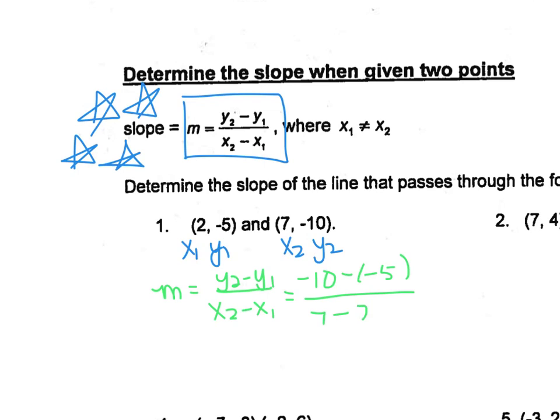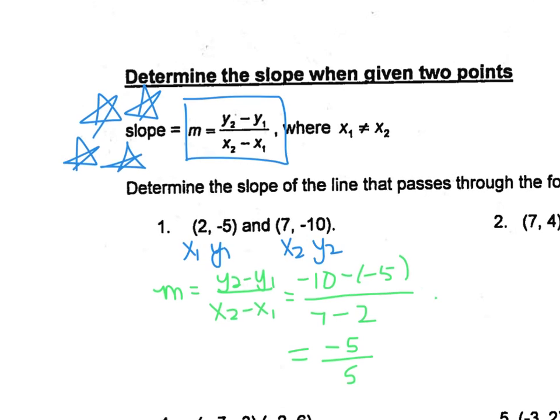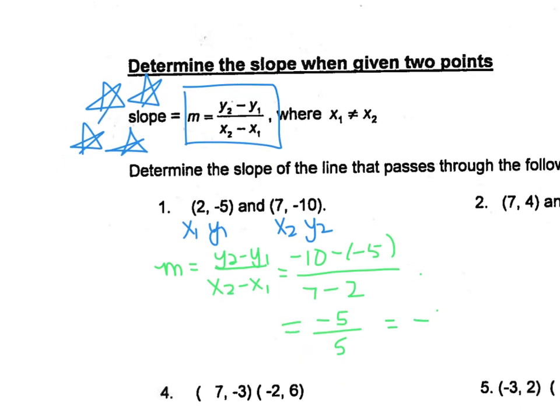Denominator, 7 minus 2. So I'm going to put underneath here instead of off to the side. And I'm going to have -10 minus -5 is negative 5. 7 minus 2 is going to be positive 5. So I have negative 5 over positive 5, so it equals negative 1. We always, always, always simplify our answers.